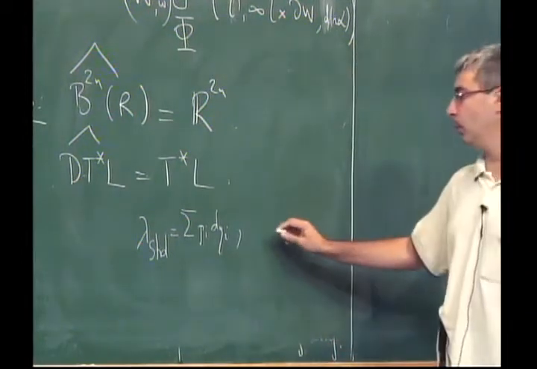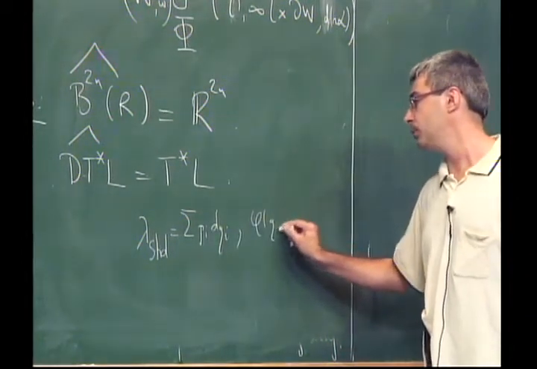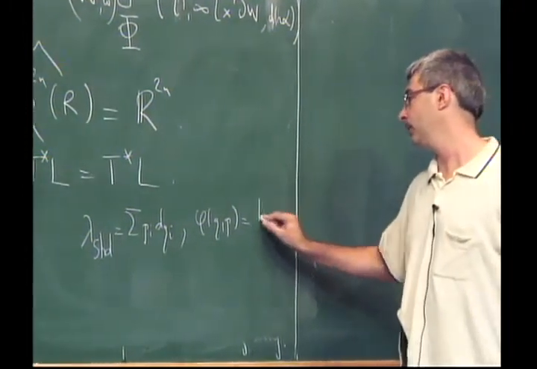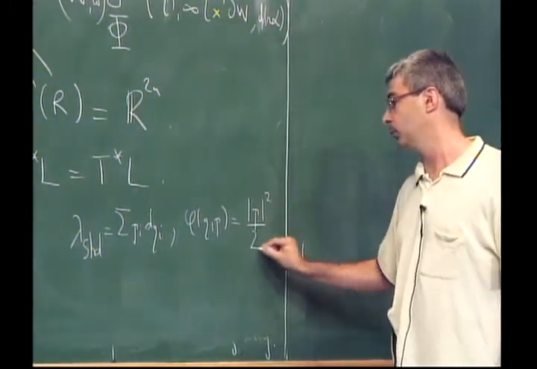And then you also have a function which to (q,p) associates norm p squared over 2.